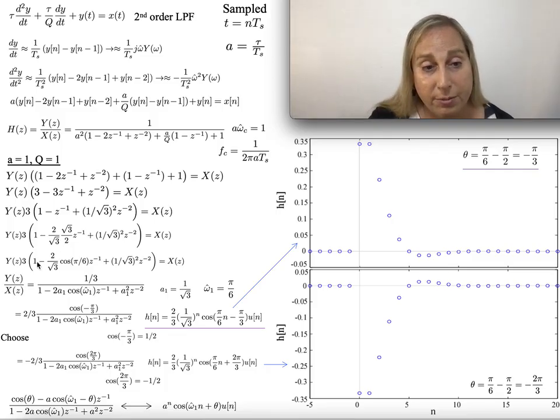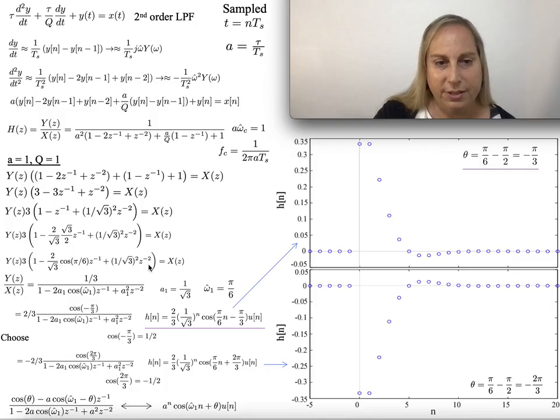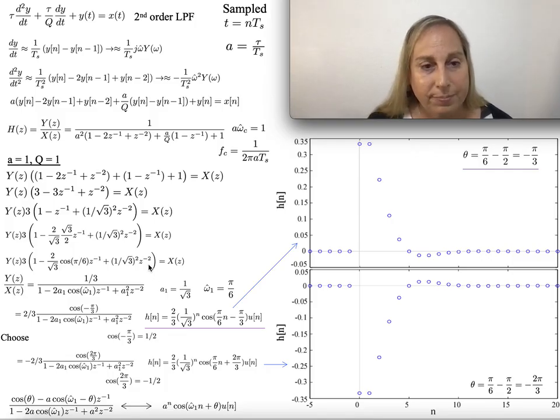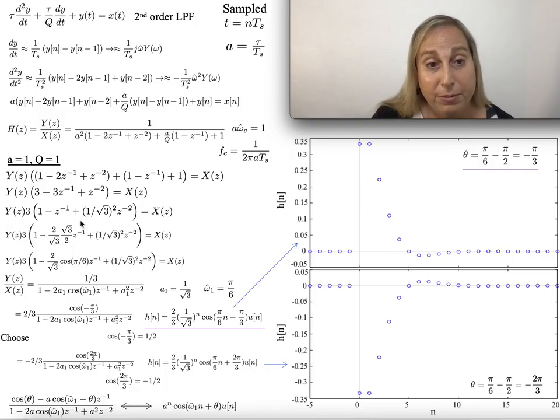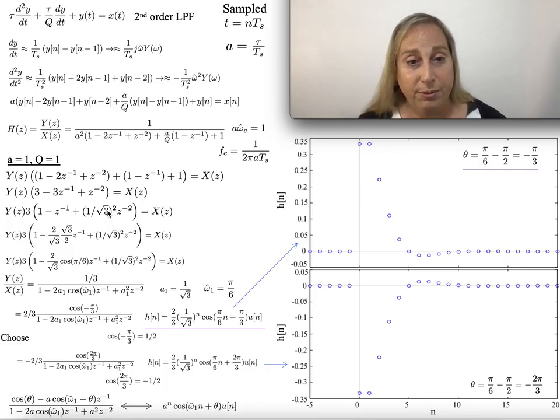But before I do that, I want to look at the denominator term and realize I need it to be 1 minus 2 a times cosine of something z to the minus 1, plus a squared z to the minus 2. It turns out for this particular problem, because I'm going to have a 3 pulled out here and a 1/3, that gets a square root of 1 over square root of 3.